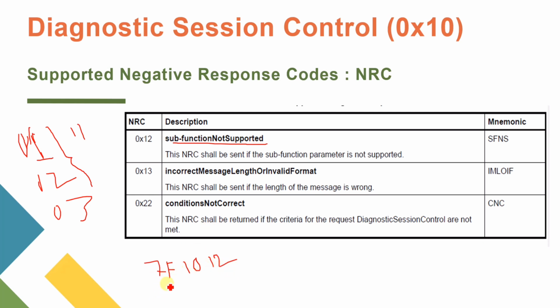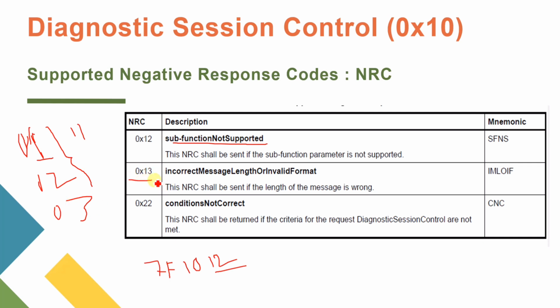So the moment you get 7F 10 12, we come to know we requested 10 11 diagnostic session control, and we received a negative response, 7F 10 12. 12 means subfunction not supported. We come to know the subfunction is not supported for the current specification, so we can correct it. Then we can request whatever supported subfunctions, and the server gives a proper positive response.